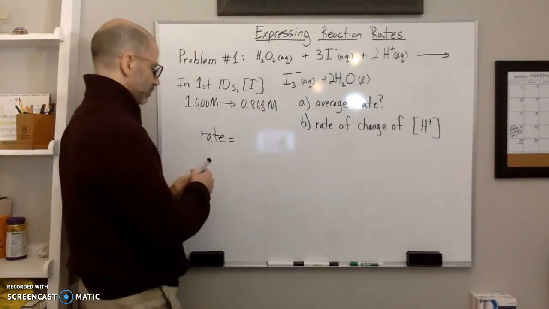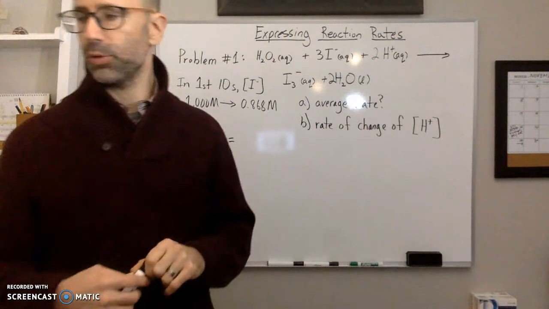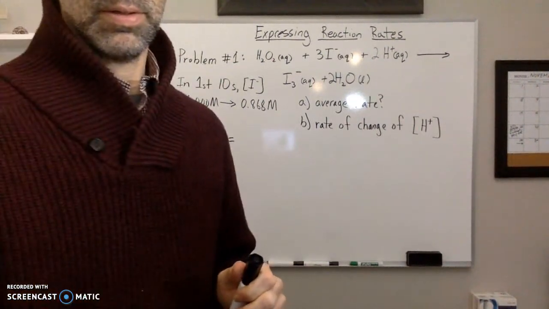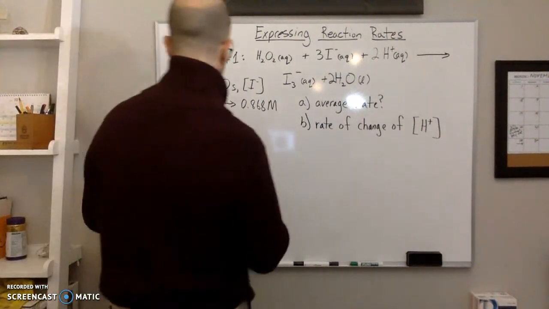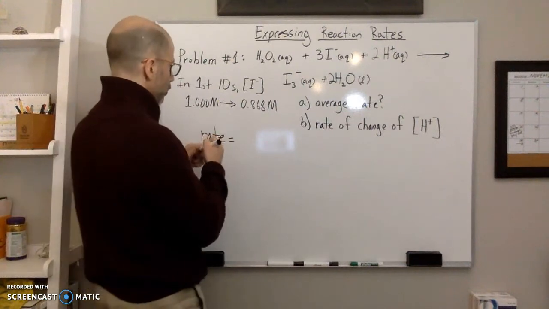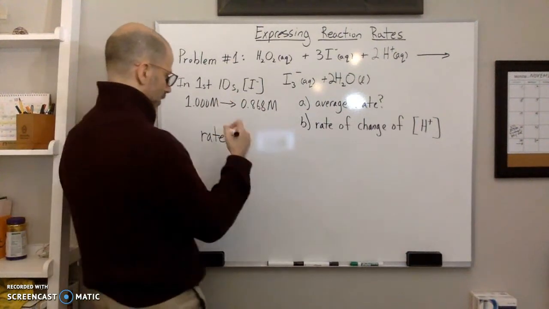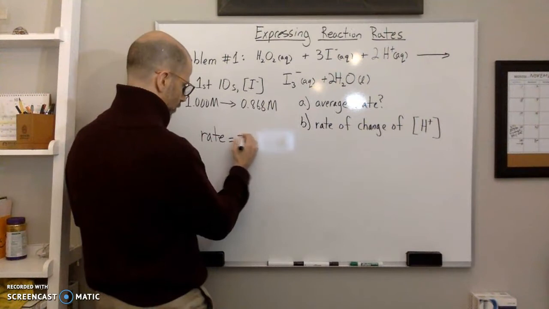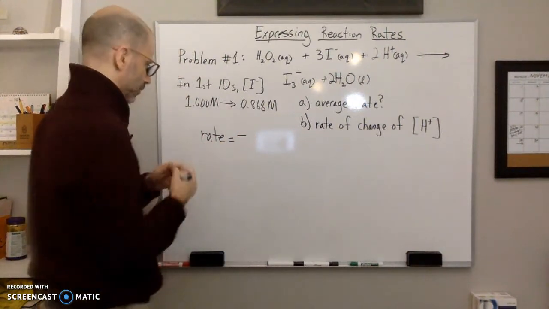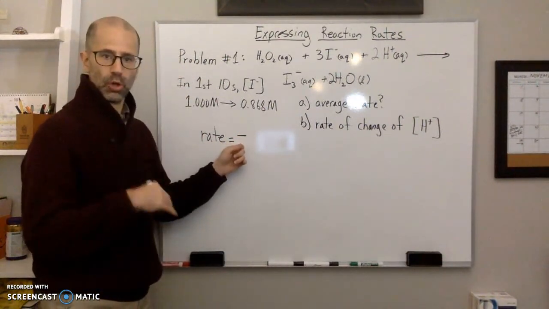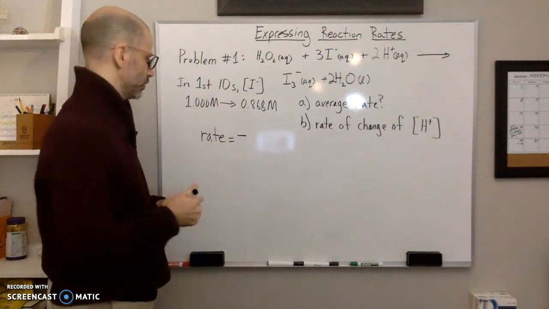If we're looking at the reactant, that's going to decrease over time, so that's going to have a negative rate. Remember the slope: the slope is negative because you're decreasing over time.